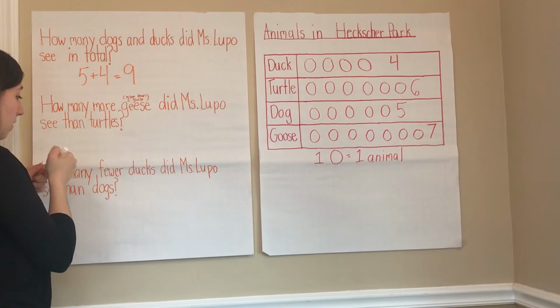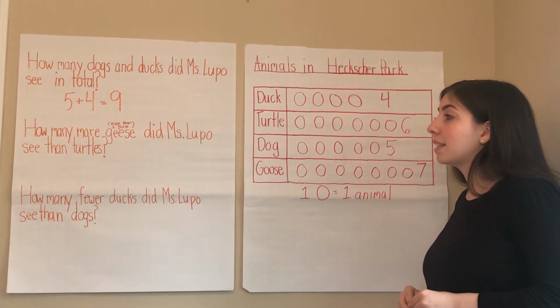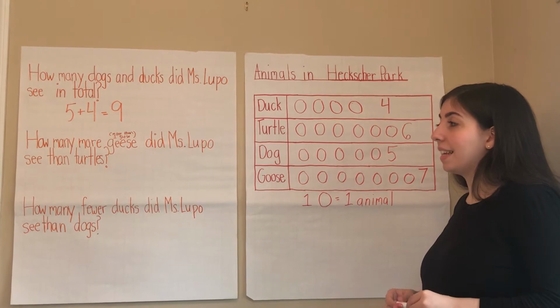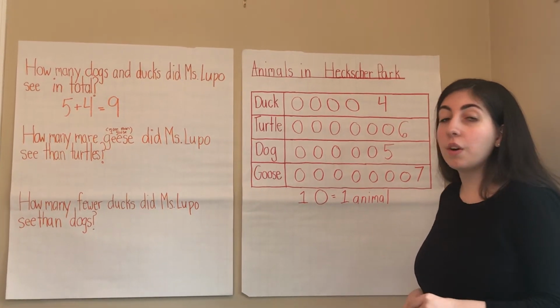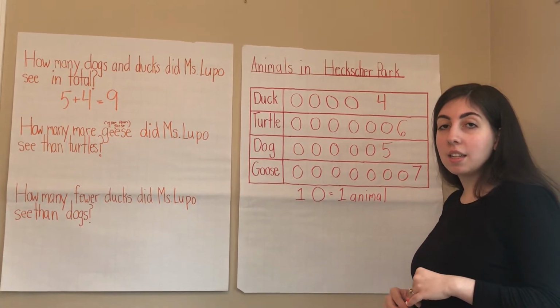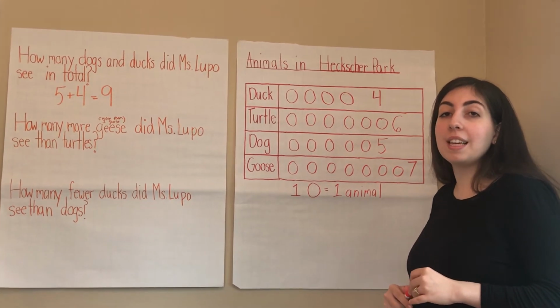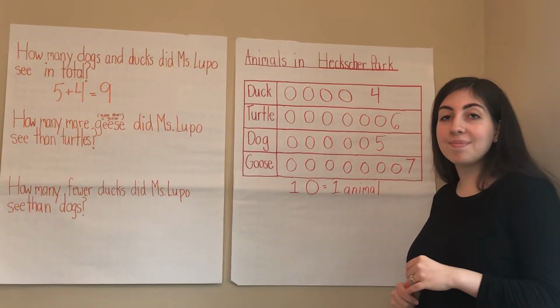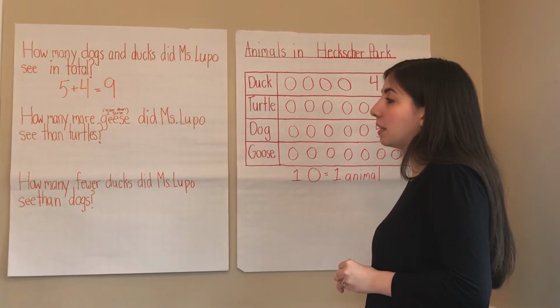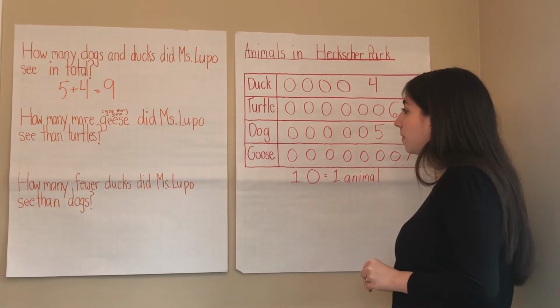Stop the video. How many more geese, or more than one goose, did Miss Lupo see than turtles? Don't forget that how many more is a subtraction phrase. Pause the video and figure out the answer. Play when you're done. How many more geese did Miss Lupo see than turtles?